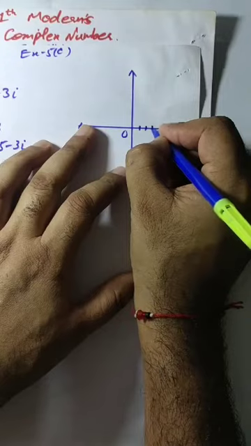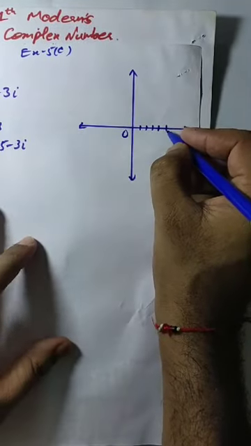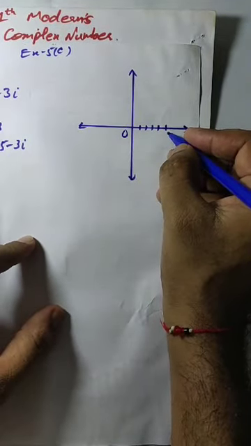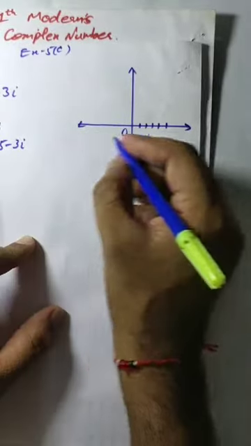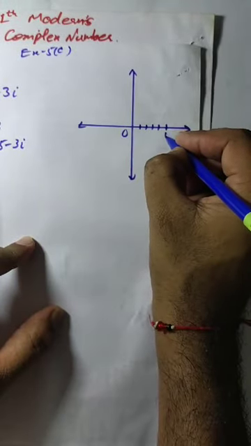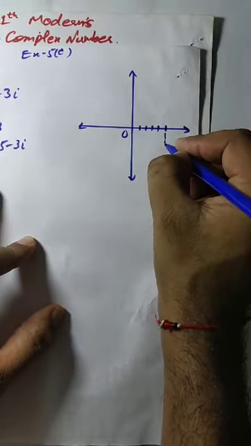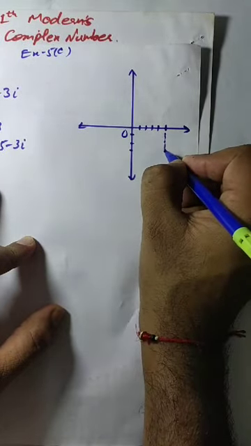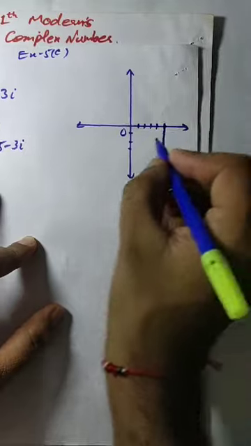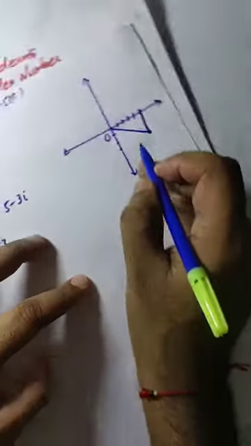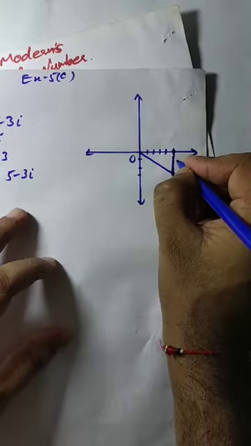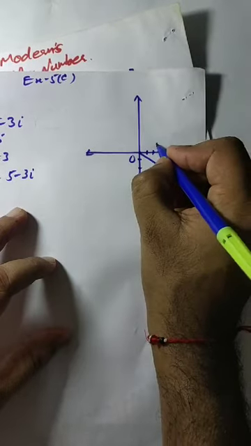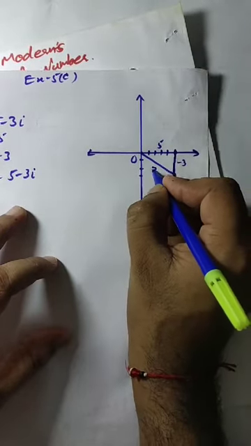This is 1 2 3 4 5, as we have studied in plane graph theory, and we will go downwards because the value of y is negative here, 1, 2 and 3. So we got this point. After joining, this is minus 3 and this is 5, so we get mod of z.